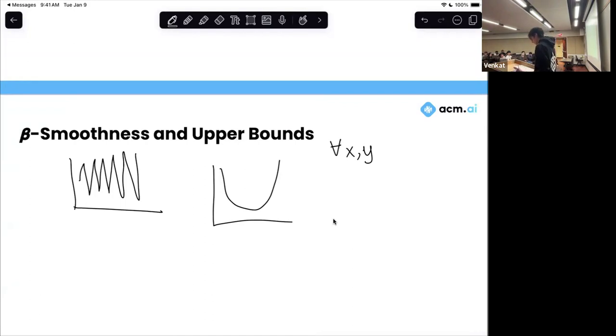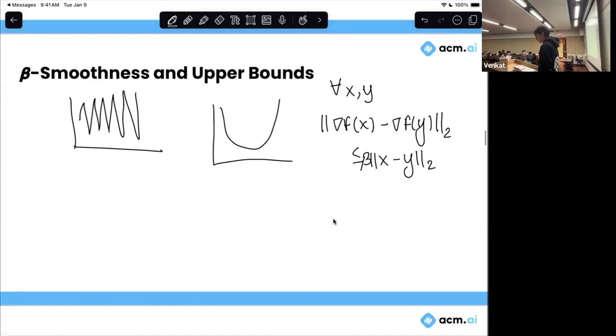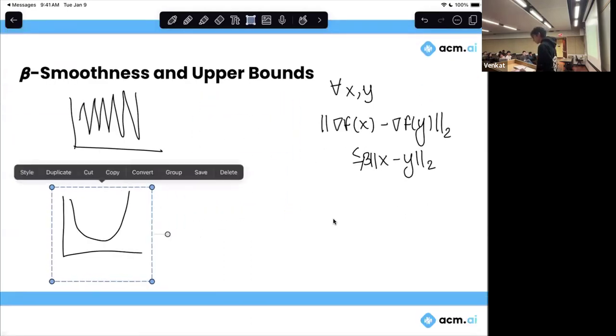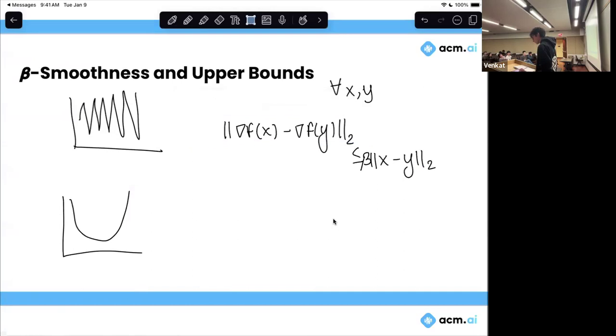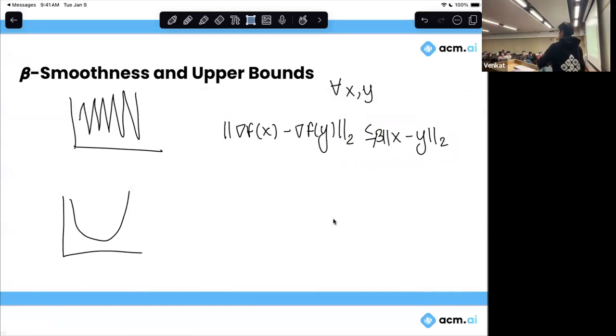Basically, we're going to take the gradient at these 2 points, so the difference in the gradient, and we want that to be proportional to the Euclidean difference between the 2 points. Let me rewrite that. Basically, this is saying the change in our gradient between 2 points is with respect to the actual distance between our 2 points.